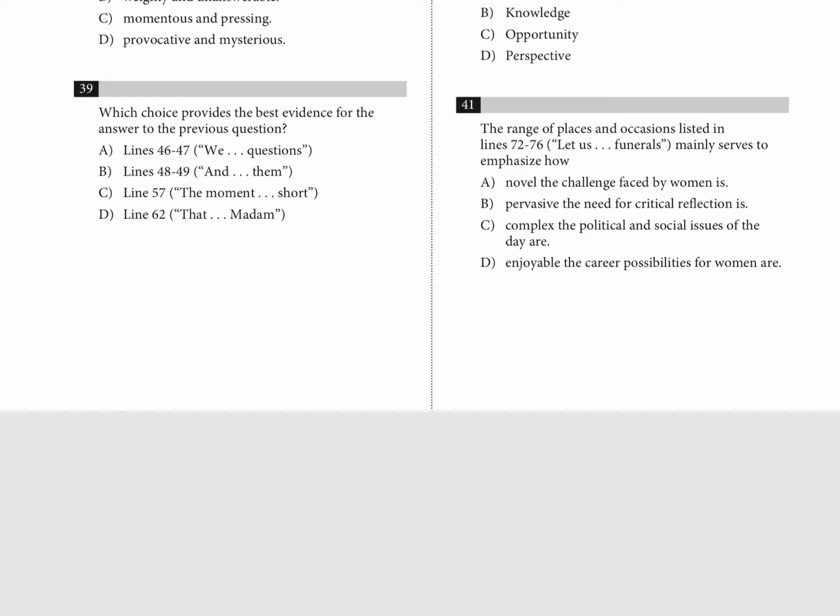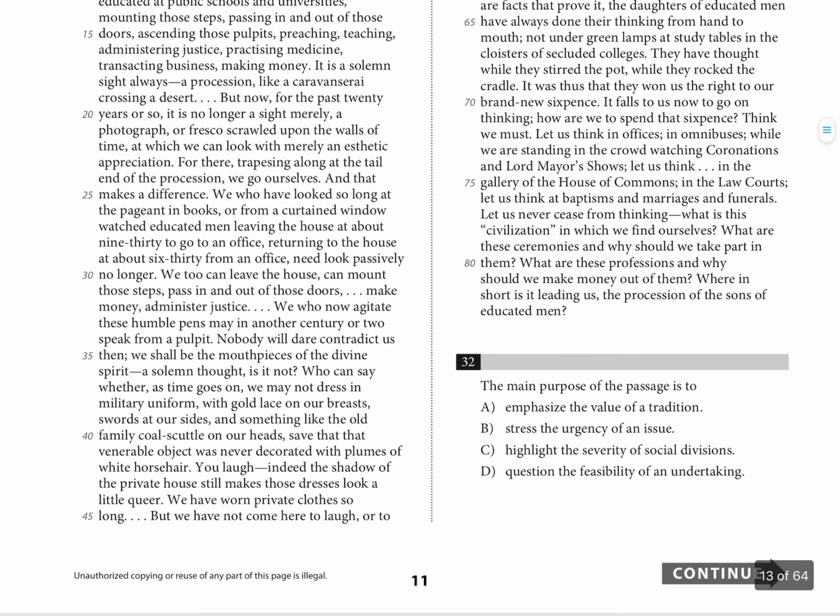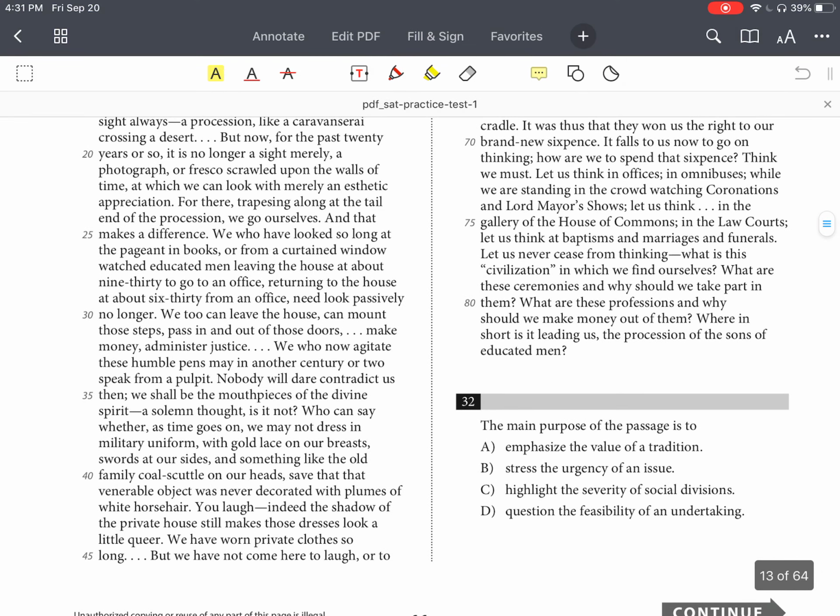So lines 70 and 71 uses the word sixpence. So let's circle them. So when students read the passage, they know they need to define these words. They can put a synonym in their head, whatever works for them.